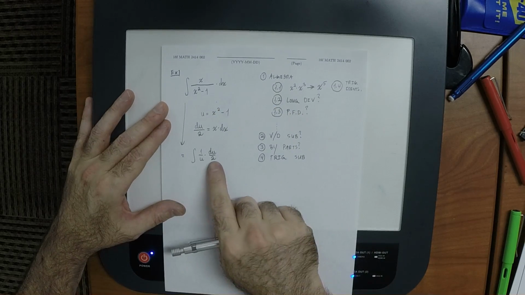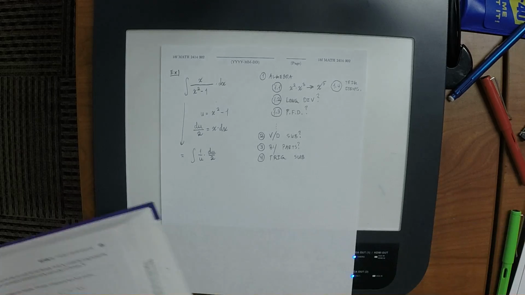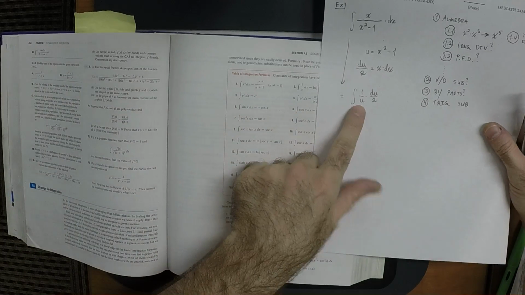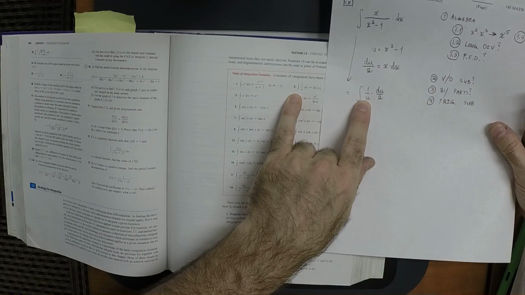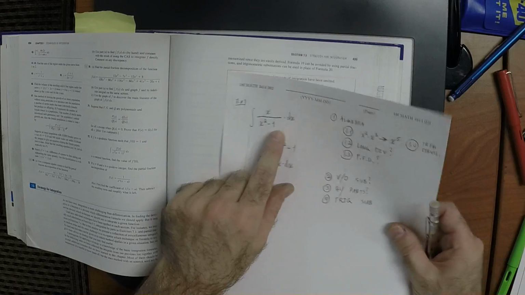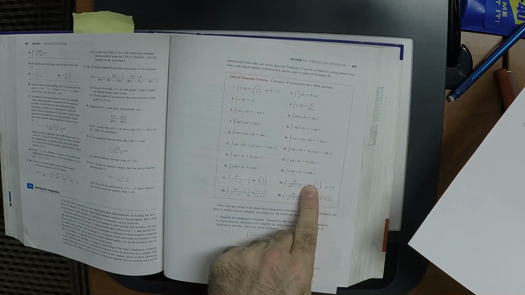Now, aside from this division by 2, do you observe that that's door number 2? It's door number 2. So what I'm telling you is that every single antiderivative problem, no matter how it's stated, after these steps, you will exit through one of these doors.